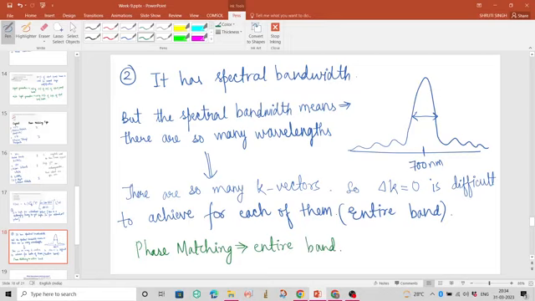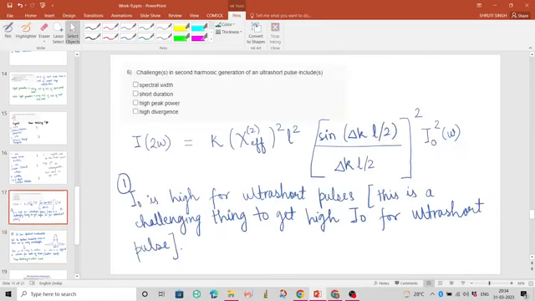Correct? And which is a difficult thing to achieve, right? So these two are the challenges if we are using ultra short pulses for generating second harmonic. So the answer to this question will be spectral width and this high peak power.